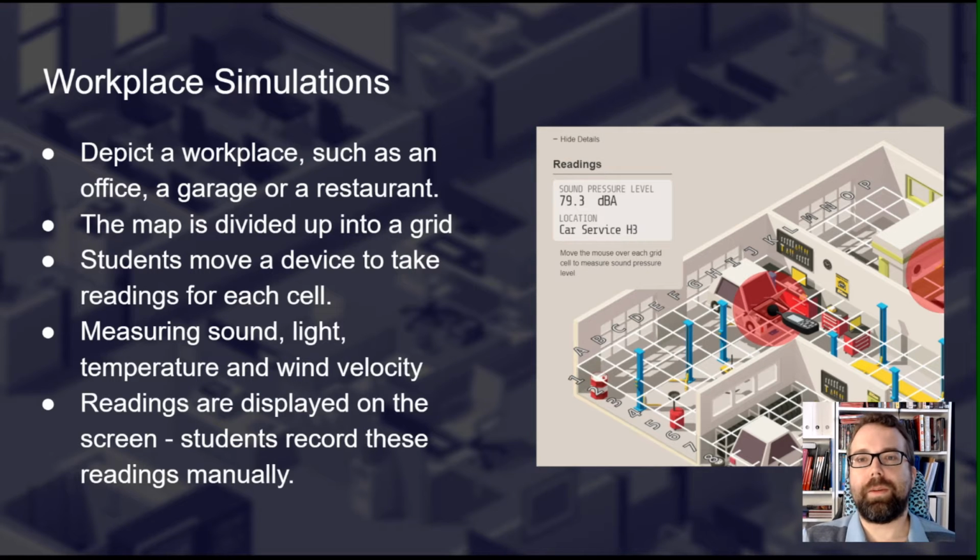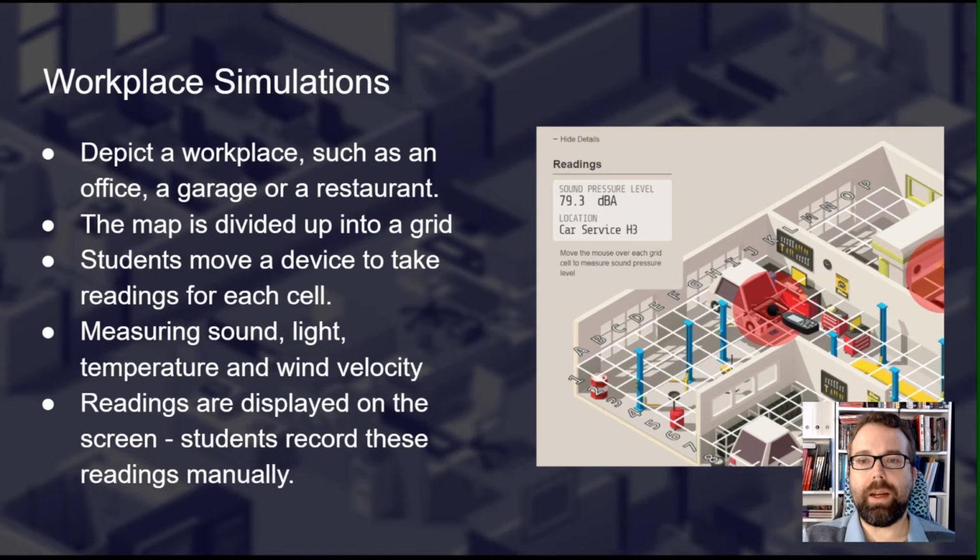The first type of simulation is what we're calling a workplace simulation. These depict a workplace such as an office, a garage, or a restaurant from an isometric perspective, and the place is divided up into a grid. Students take a virtual device and take readings for each grid cell, following lab instructions given by the instructor. Depending on the specific simulation, they could be measuring for sound pressure, light, temperature, or wind velocity.